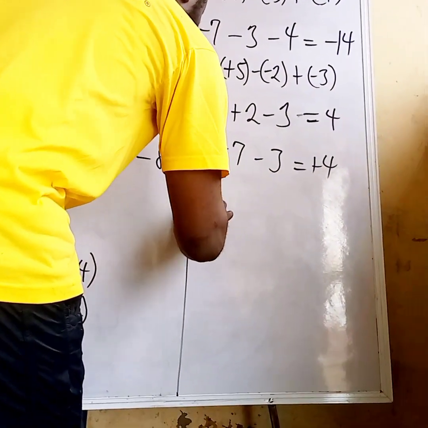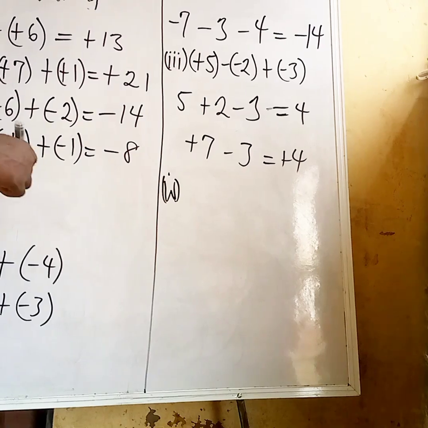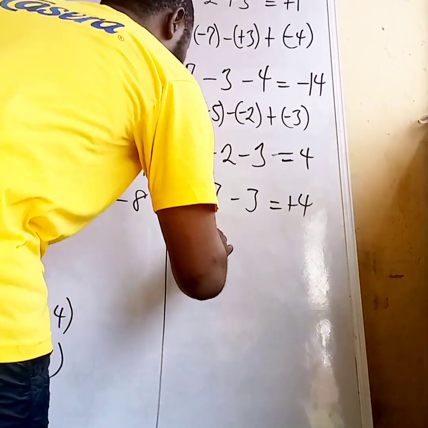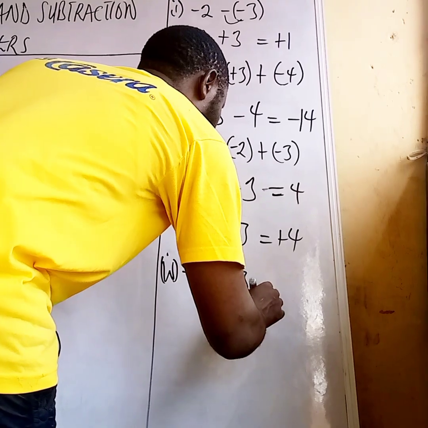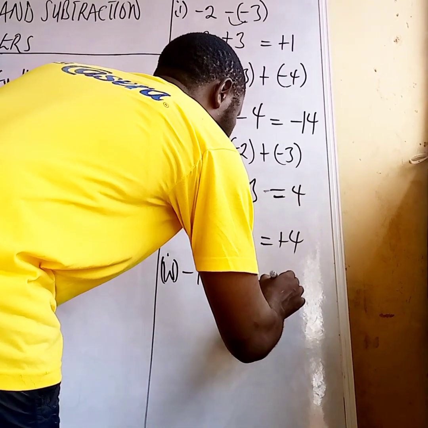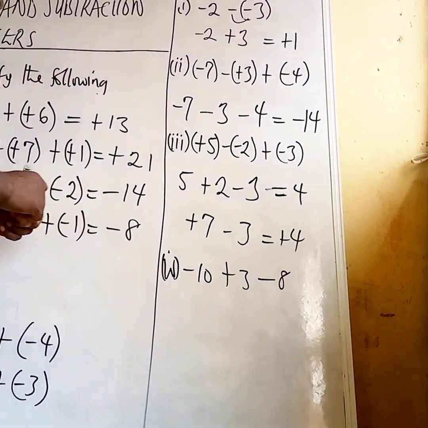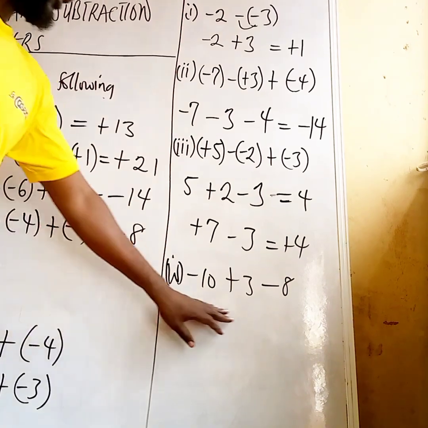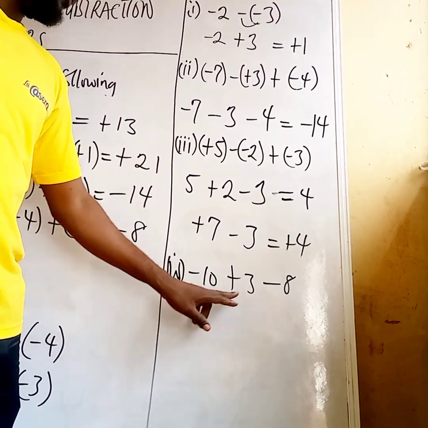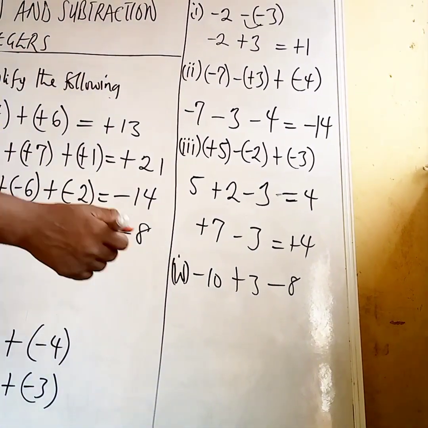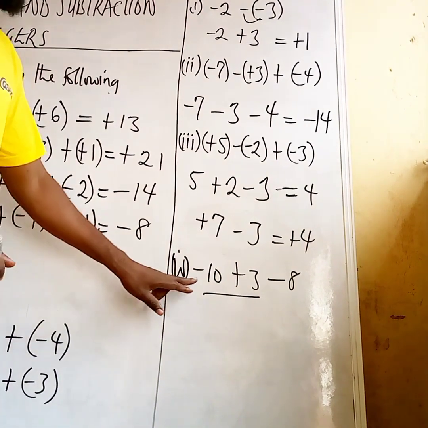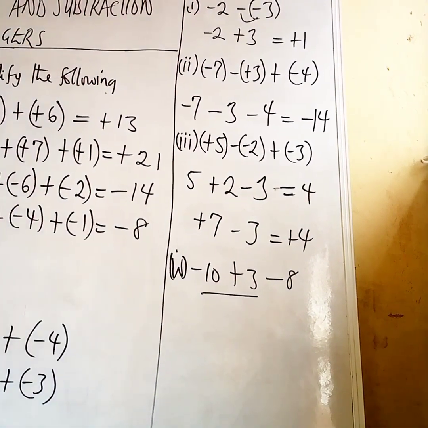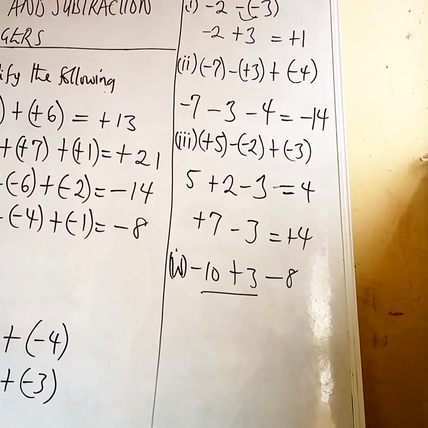Let me add one more. We have minus 10 plus 3 minus 8. We have these 3 numbers, you want to add them together, minus 10 plus 3 minus 8. This first two, plus and minus, automatically you should know that you are subtracting.